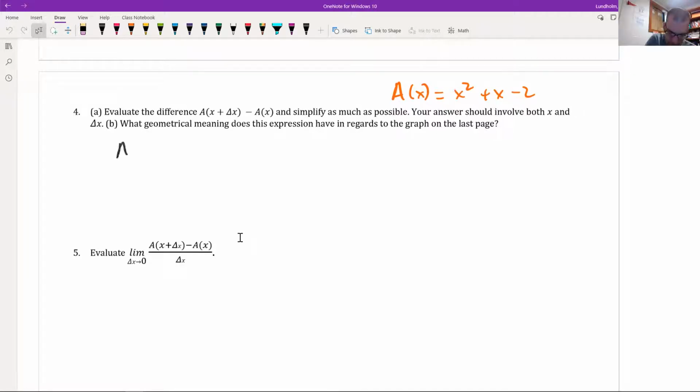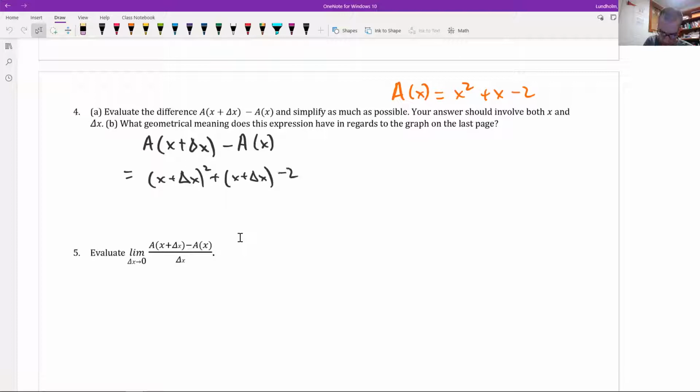We have A of X plus delta X minus A of X. This will equal X plus delta X squared plus X plus delta X, and then minus 2, and then X squared plus X minus 2 is what we're going to subtract off.